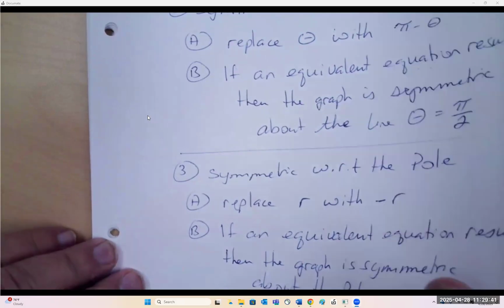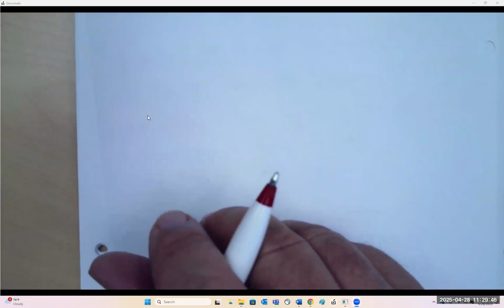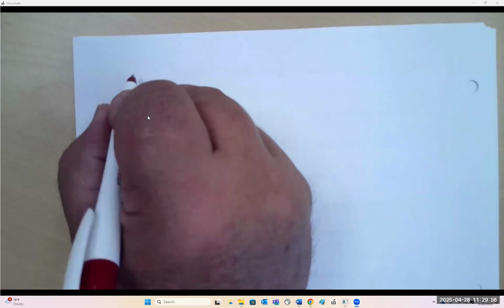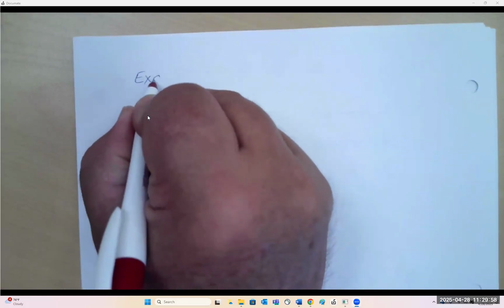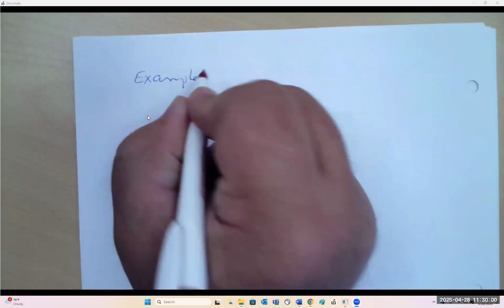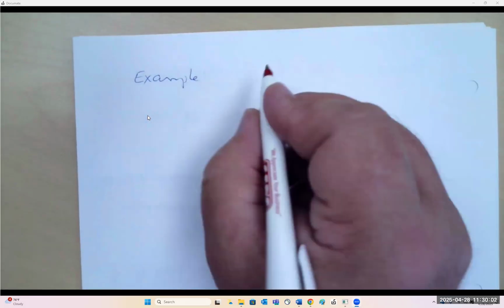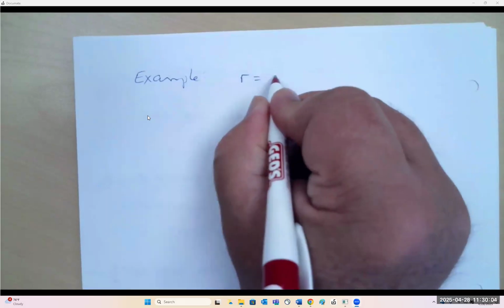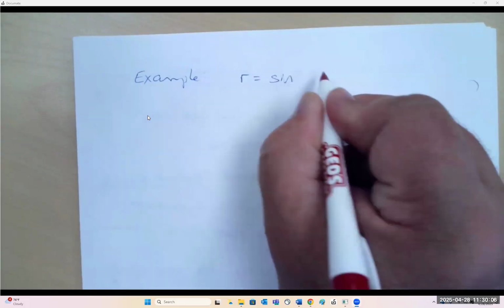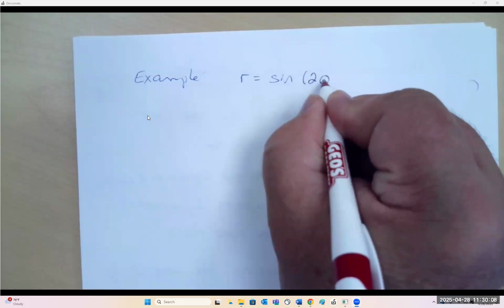All right. Let's look at some examples here. r equals sine 2 theta.